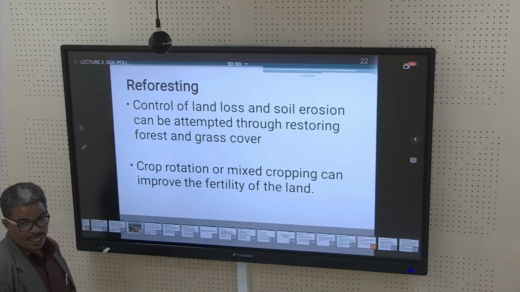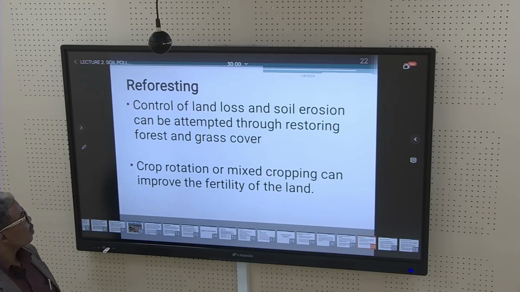Reforestation. Control of land loss and soil erosion can be attempted through restoring forest and grass cover. This focuses on replanting after cutting the trees.